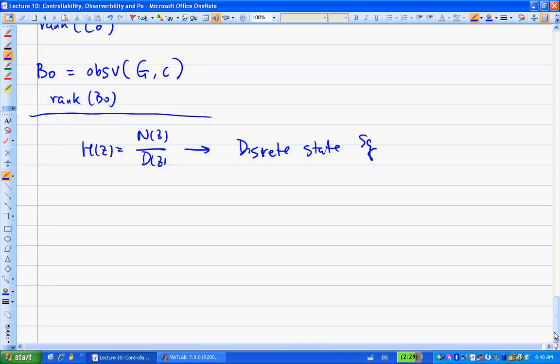And then here comes a theorem. The theorem deals with controllability and observability in terms of the Z pulse transfer function.